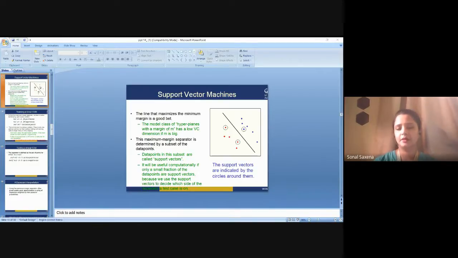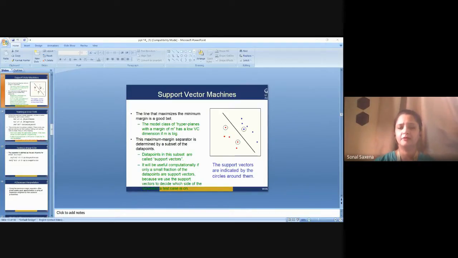Note that if the kernel function becomes small as y grows further away from x, each term in the sum measures the degree of closeness of the test point x to the corresponding database point xi. In this way, the sum of kernels above can be used to measure the relative nearness of each test point to the data points originating in one or the other of the sets to be discriminated.